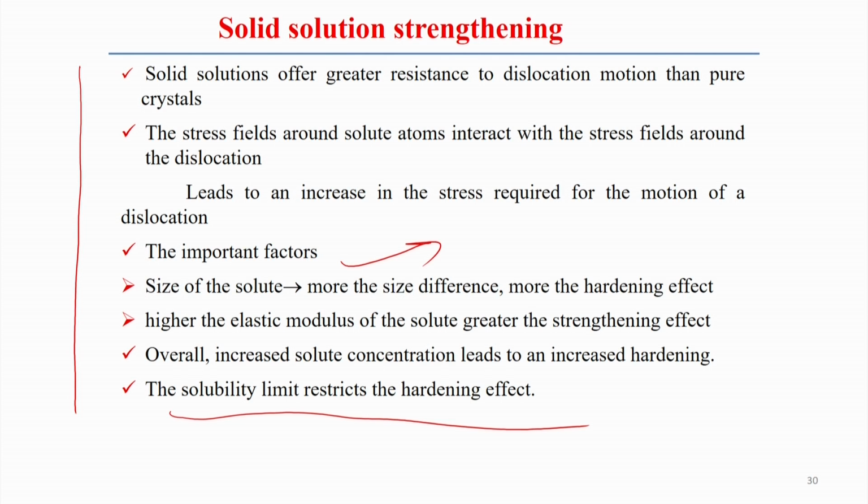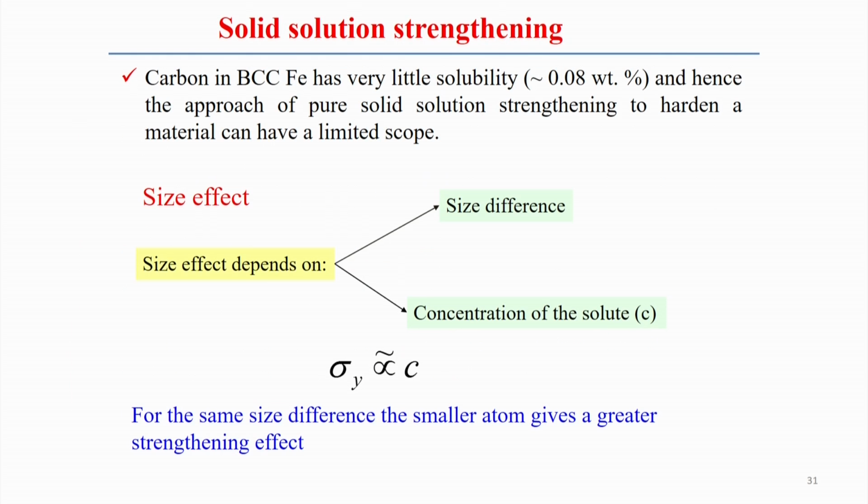Now let us see how these important factors impart the strengthening mechanism in the case of solid solution. If you observe, carbon in BCC iron has very little solubility, say less than around 0.08 weight percentage of carbon. Therefore the approach of pure solid solution strengthening to harden a material may have limited scope.